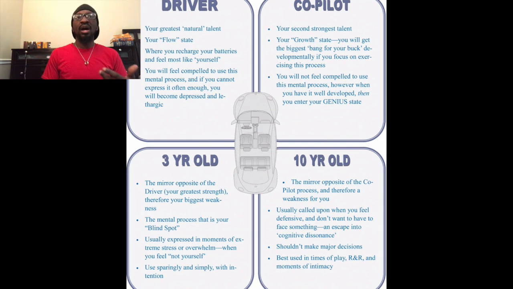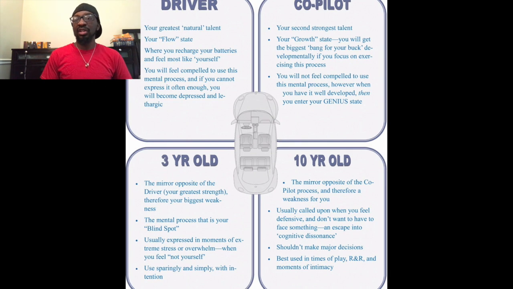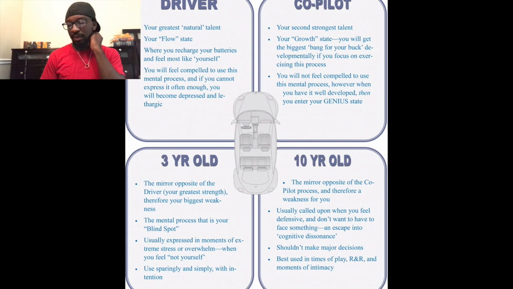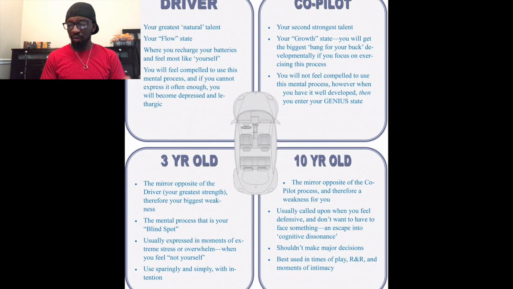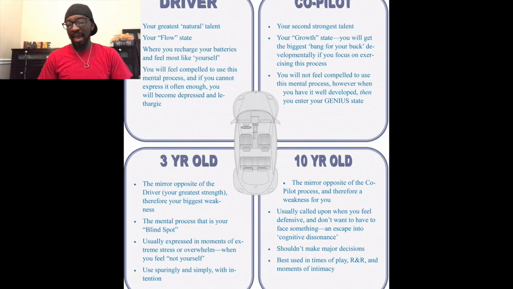Following this, I believe it's in the bottom right, you have your 10-year-old function, which is your tertiary function. It's the mirror opposite of your co-pilot process and tends to be a bit of a weakness for you. This function is usually called upon when you're in a position of feeling defensive or you feel like your back is up against the wall.